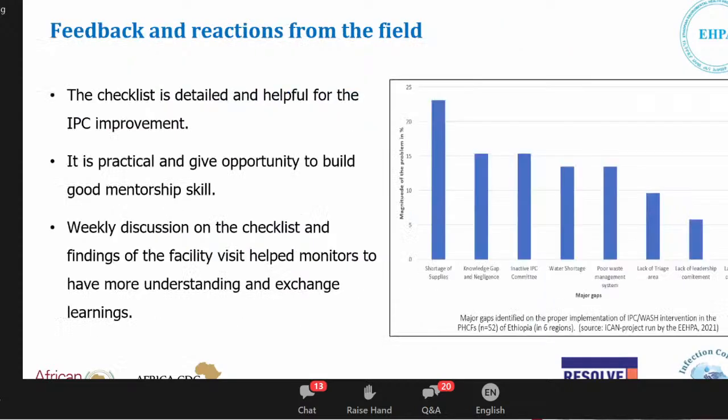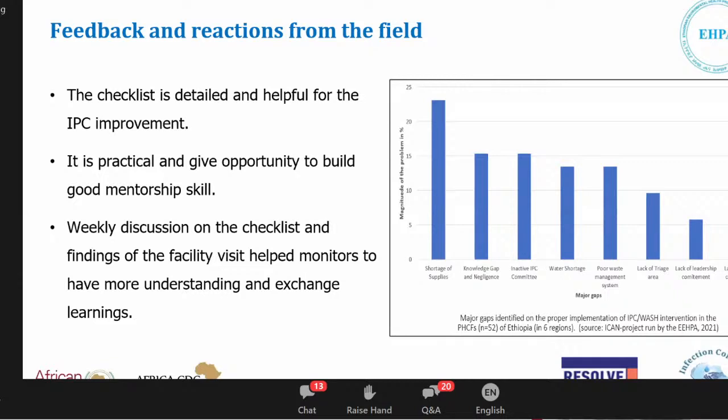As feedback we collect from the facilities, the checklist is well prepared and well detailed, and it helps IPC improvement at the facility level, I can say that. It is practical and gives an opportunity to build good mentorship skills for mentors and also for the ground-level staff who are going to be mentees, or the IPC committee at the facility level.